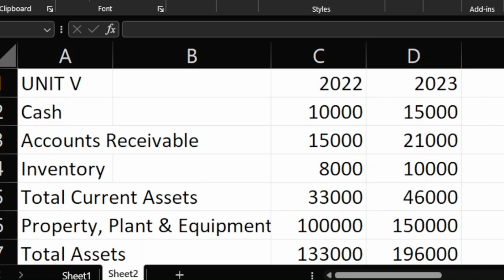Okay, now we will see the comparative or common size financial statement, how to create them, how to make them. So here you have balance sheet items: cash, accounts receivables, inventory.